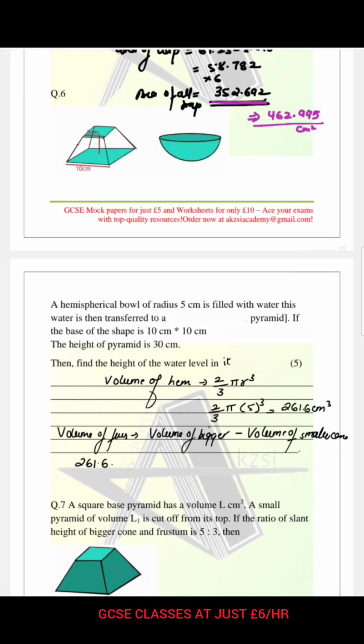Now the volume of bigger cone, we clearly know the base is 10 and the height of the pyramid is 30 given. So we know the volume of pyramid is 1 over 3 times area of the base, which is 10 times 10, times height, which is given as 30, minus. But for the smaller volume, obviously, suppose this is a pyramid and water has been filled till here.